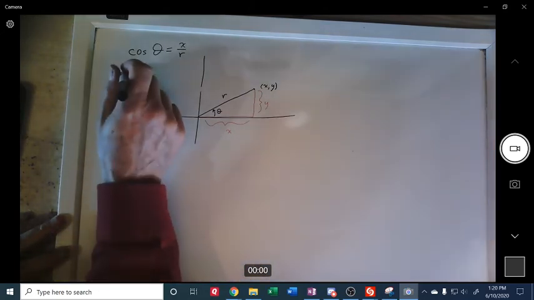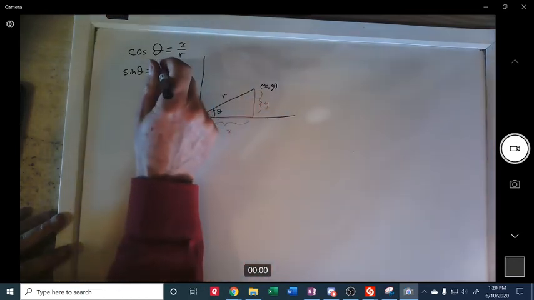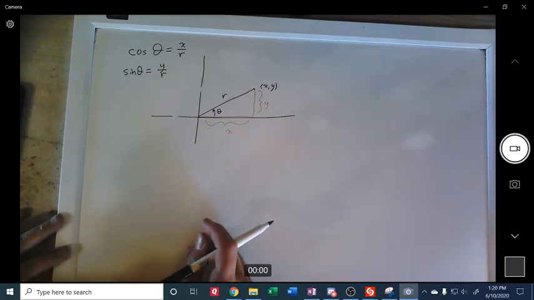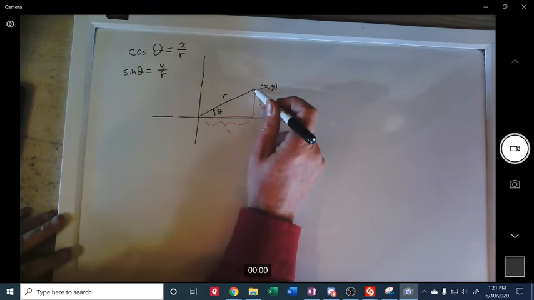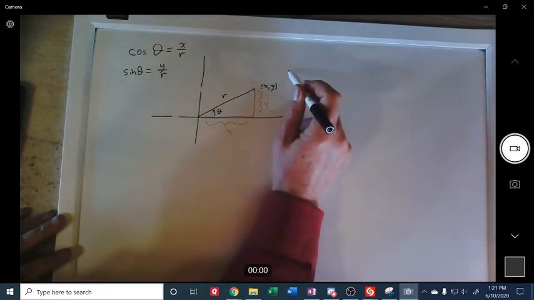And the sine of theta by its very definition is y over r. And it doesn't matter where this point is, x, y. What matters is which line it's on.